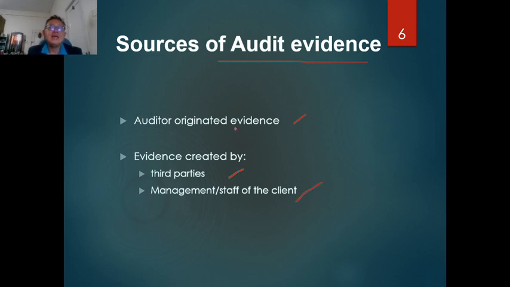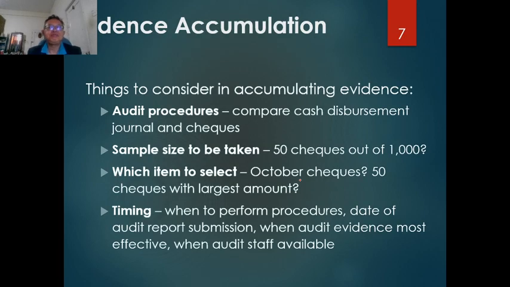So there are three sources: one originated by the auditor through the process of auditing, another from third parties, not from the organization, and the other from the management and staff of the organization. Those are all sources of audit evidence.